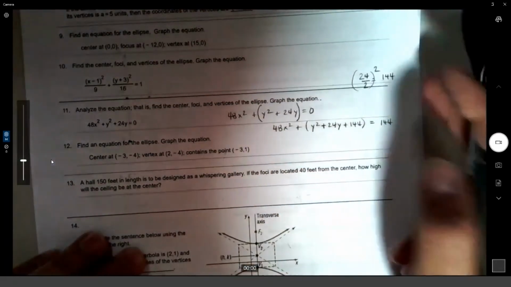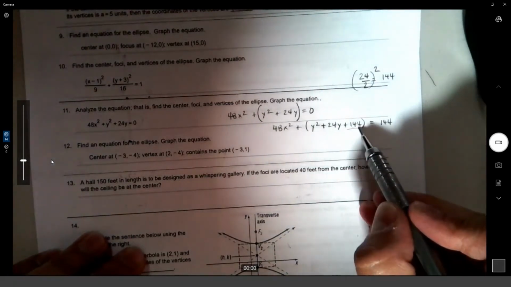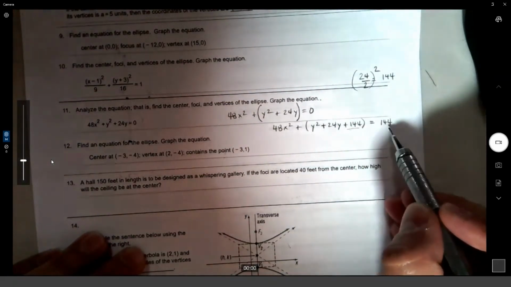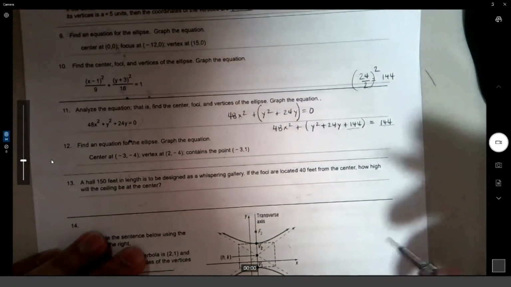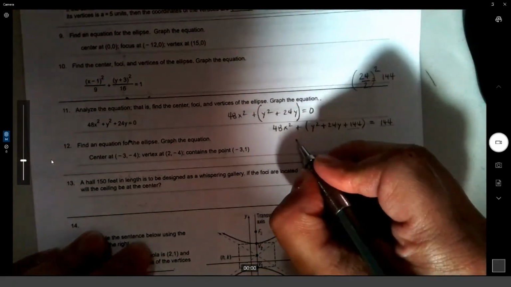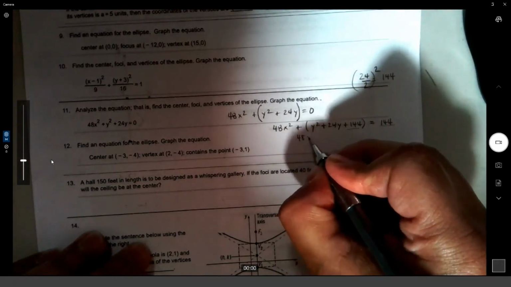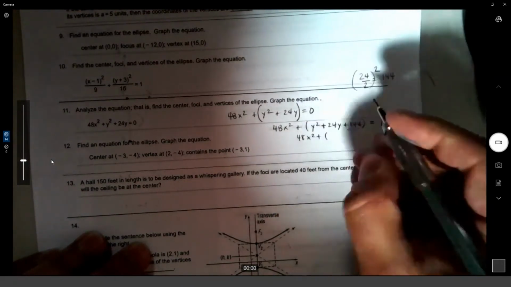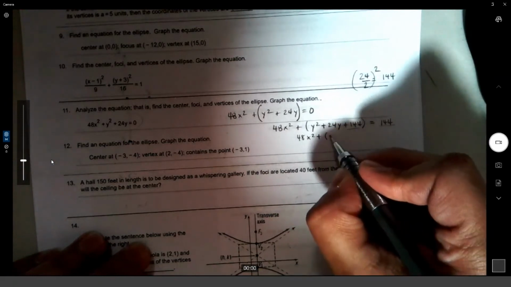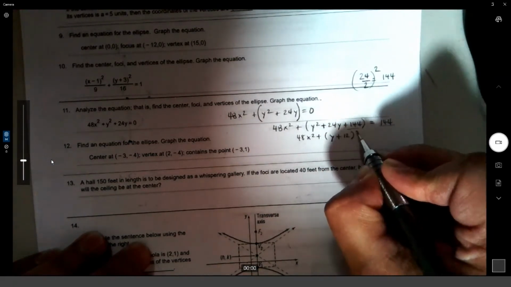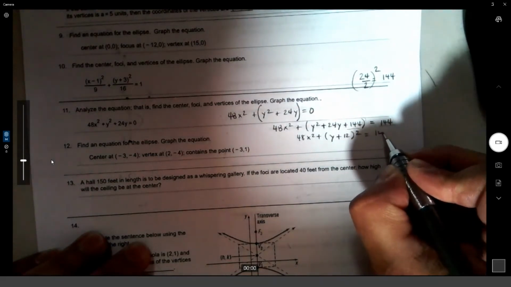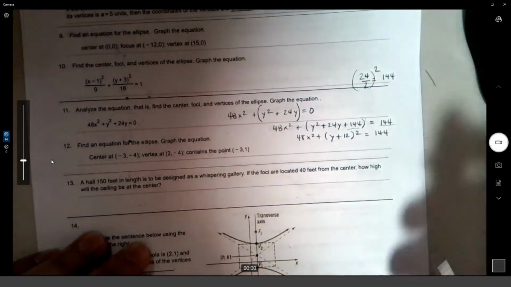If you're wondering why, we added a quantity of 144, we must also add the same quantity on the other side to keep equality. Then we have 48 x squared plus, this is factorable, and it factors into the quantity y plus 12 squared is equal to 144.